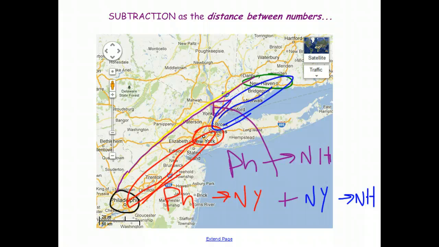Even though they are on different sides of New York, and the blue distance may be around 40 miles and the red distance around 60 to 80 miles, what is important is that the distance from Philadelphia to New Haven overall is the sum, more or less, of the distances between Philadelphia and New York and New Haven. Now let's take a look at that on a number line to see it in a different way.